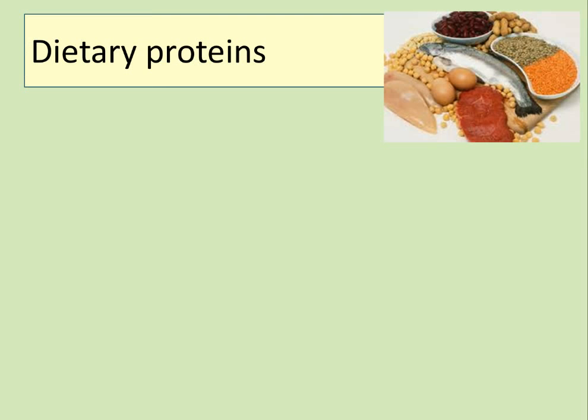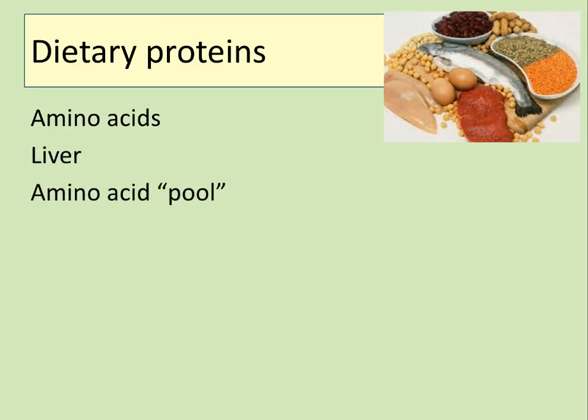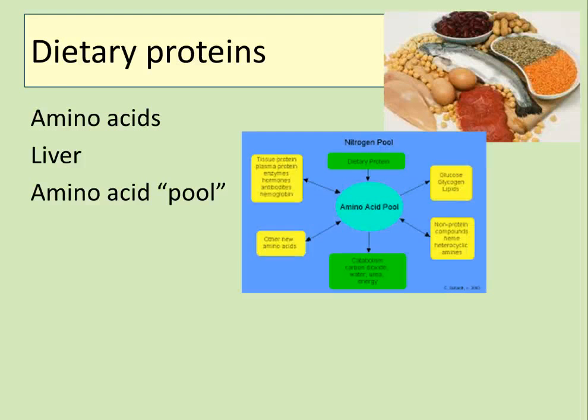Dietary proteins get broken down into amino acids and carried to our bloodstream, to the liver, and our cells, where they're stored in an amino acid pool. Many of the amino acids in the pool are actually from recycled tissues in our bodies. Only those amino acids that we cannot recycle enough of are considered to be essential to get from dietary sources.